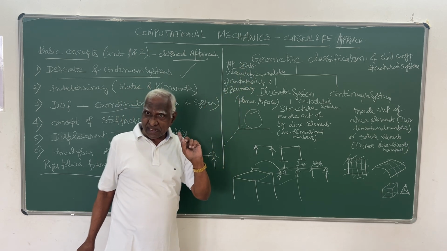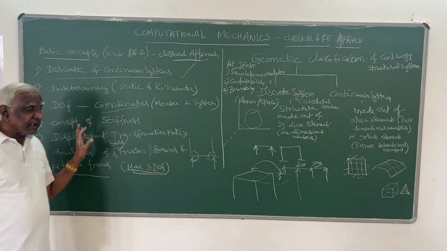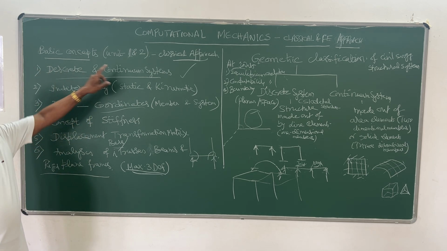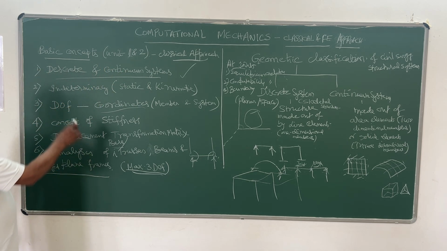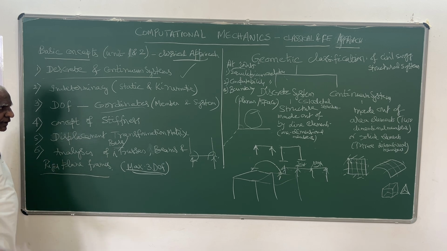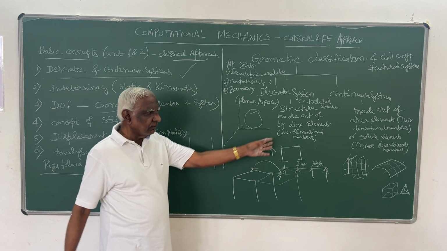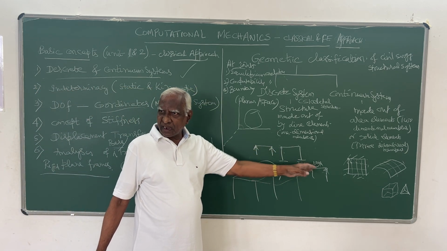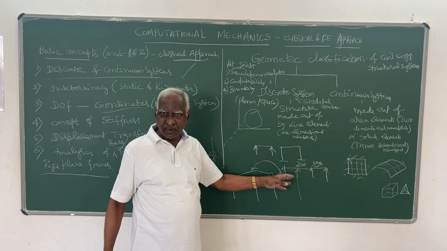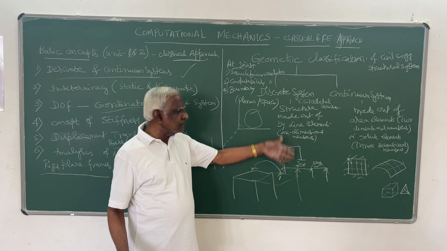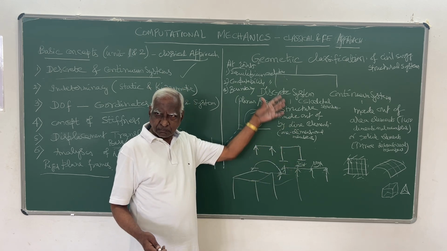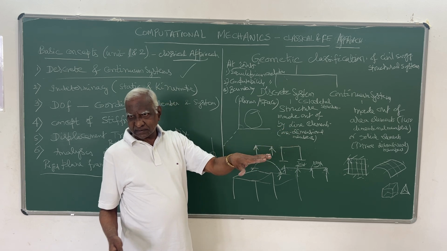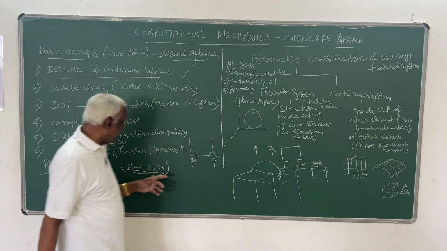This is another basic concept which you have to bear in mind in our structural analysis. That is about types of continuous systems, what are joints, members of the structural system. I have clearly defined types of structures, that is planar structures, space structures, and degrees of freedom.